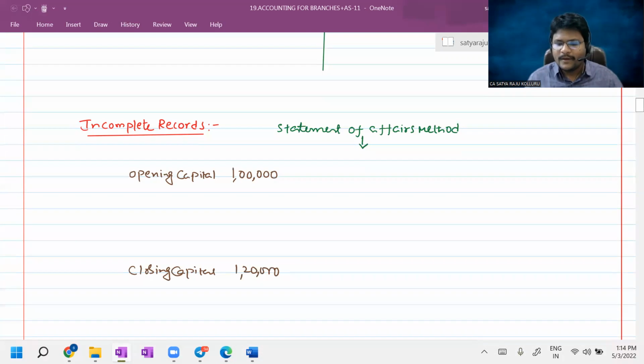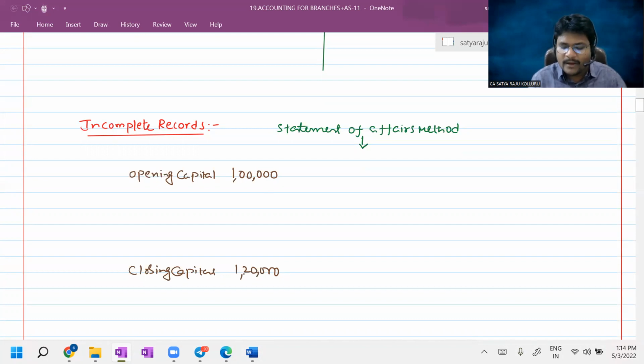Then, for knowing the current year profit or loss, there is no need to check each and every expense and each and every income component. We can simply conclude that the current year profit is 20,000 without knowing any income and expenditure.